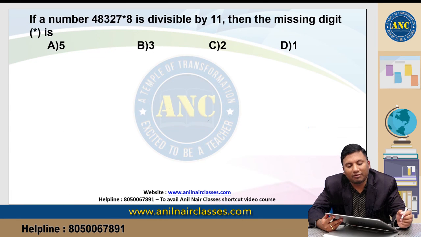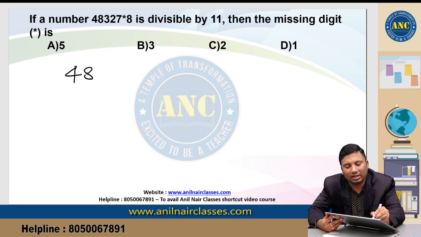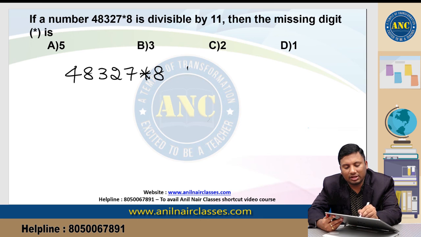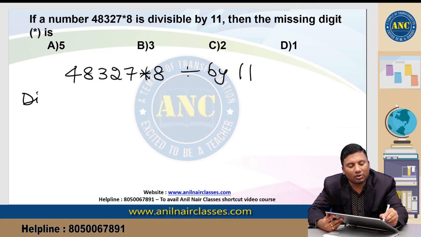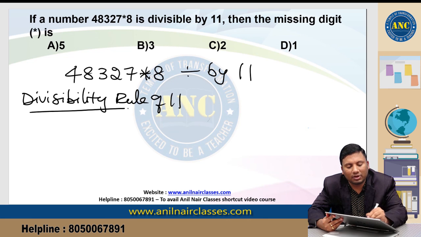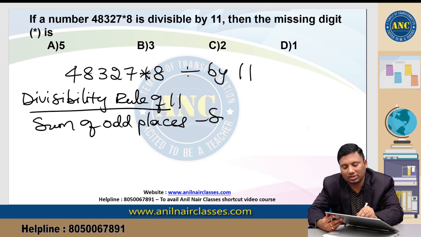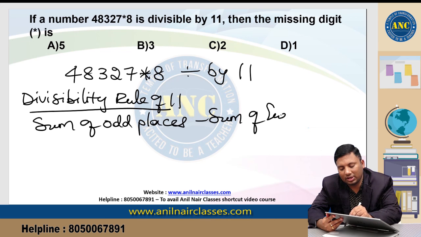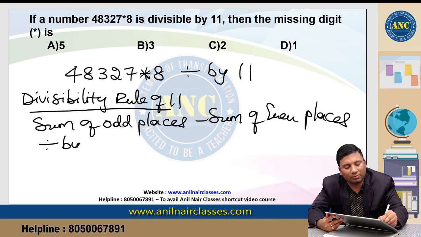If a number 48327 star 8 is divisible by 11, what is the divisibility rule of 11? The divisibility rule of 11 is the sum of the odd places minus the sum of the even places should be divisible by 11.